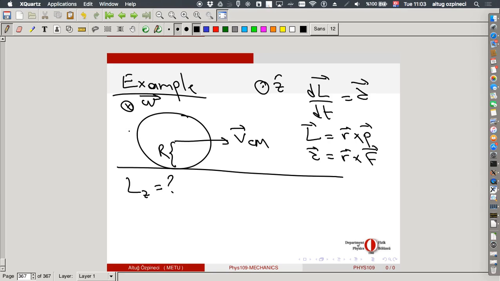So let's see, what is the angular momentum relative to point A? Remember, whatever origin you choose, we had already shown that the angular momentum can be divided into two parts: the angular momentum due to the motion of the center of mass, plus the angular momentum due to rotations around the center of mass.